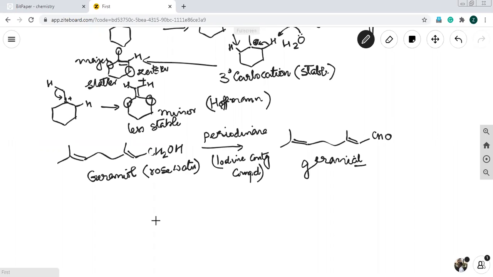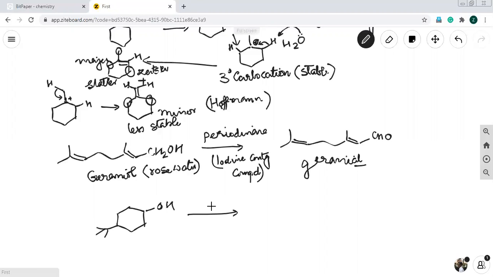Now suppose you have an alcohol, a secondary alcohol. You have to look only at the functional group.